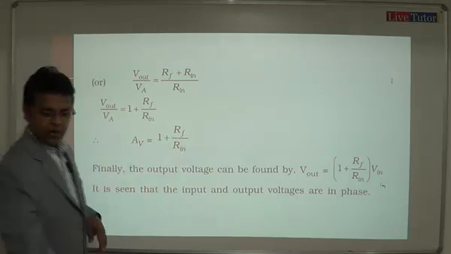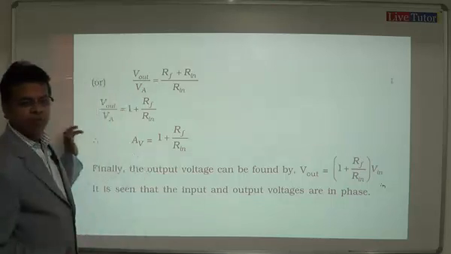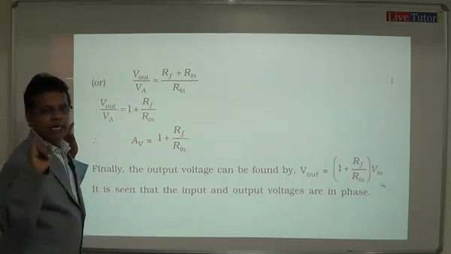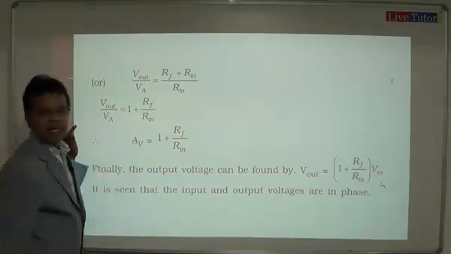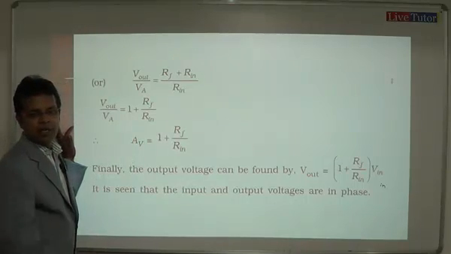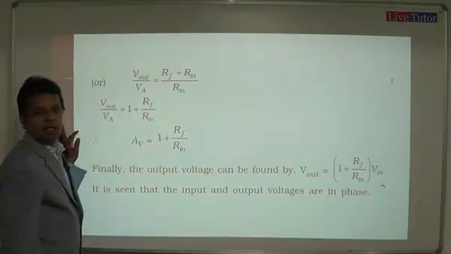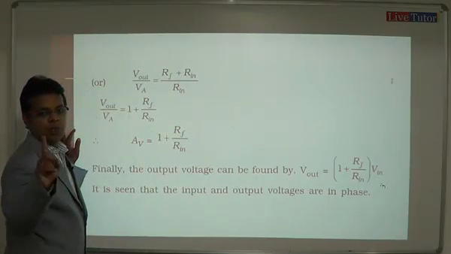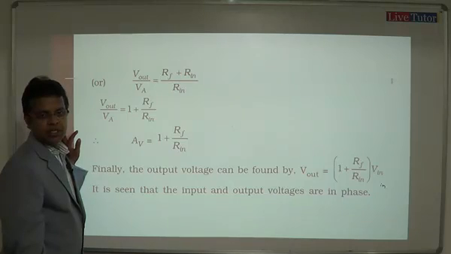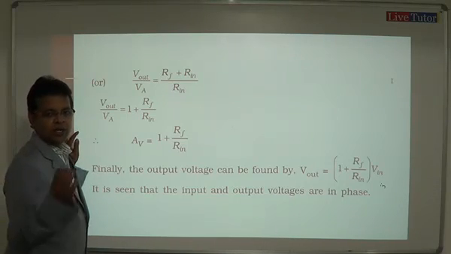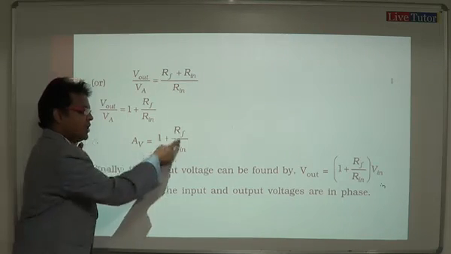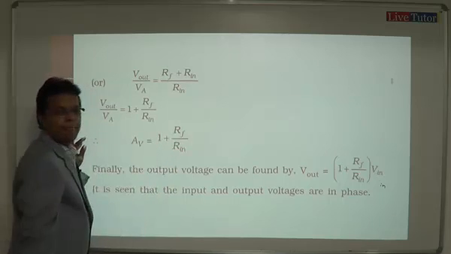So the first formula you remembered, minus Rf by Rin, is for inverting. The second one is AV equal to 1 plus Rf by Rin. If you give an input voltage at the non-inverting input terminal, the output will be the ratio of resistors plus 1.